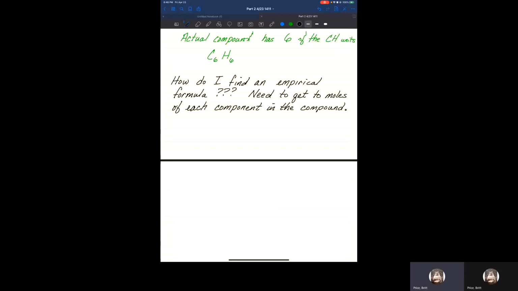Sometimes you are given what's called a percent composition.